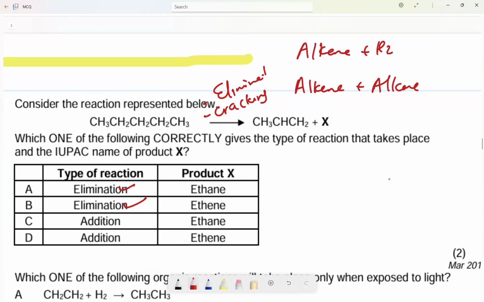In this particular case, I have CH3, CH2. So how many carbons here? 1, 2, 3. So here I have C3H6. But here I have what? 1, 2, 3, 4, 5. I have 5, which is C5H12. So now can you see how many I am short of?